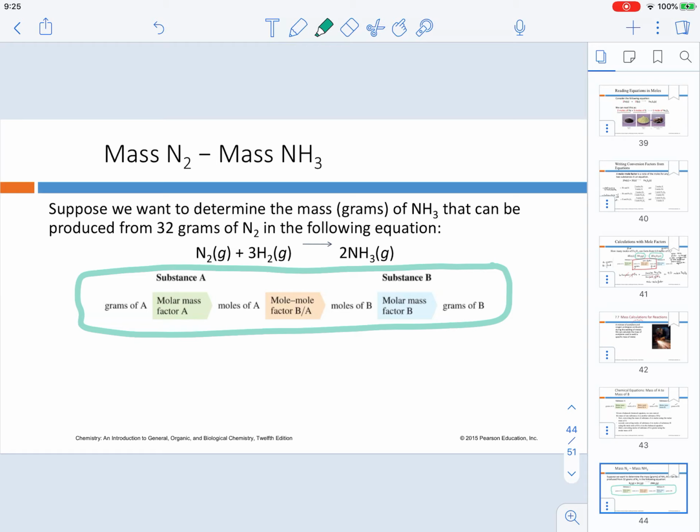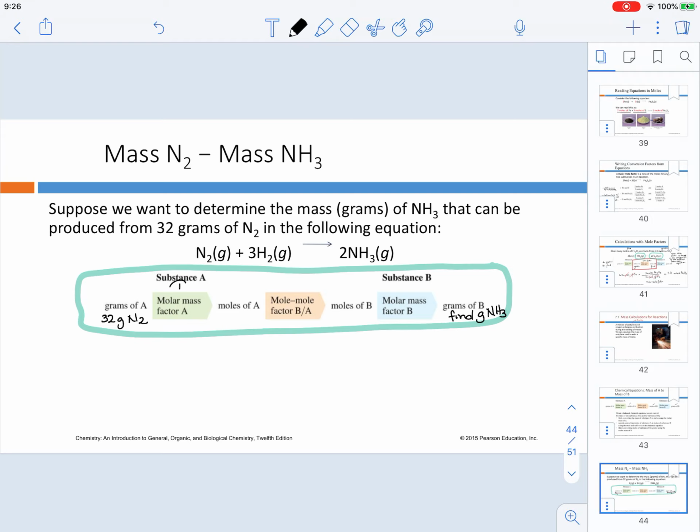We are given grams of one substance, in this case 32 grams of N2, and what we need to find is grams of NH3. That is what is happening overall.